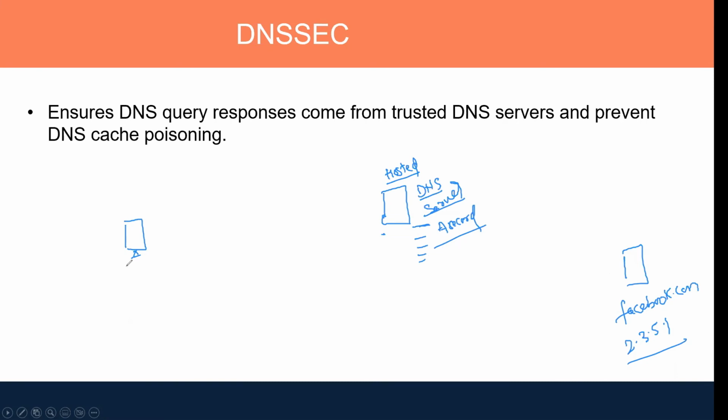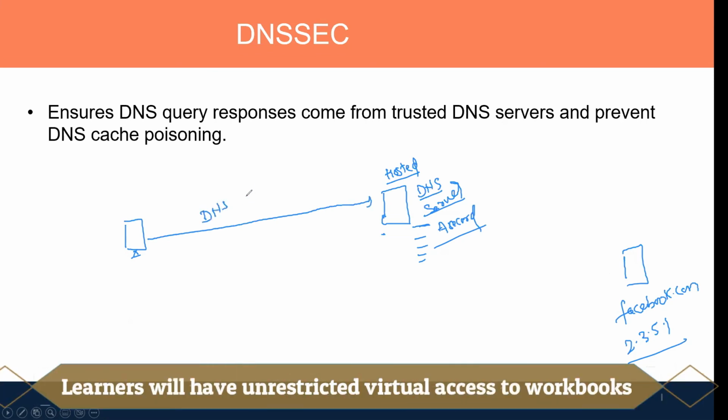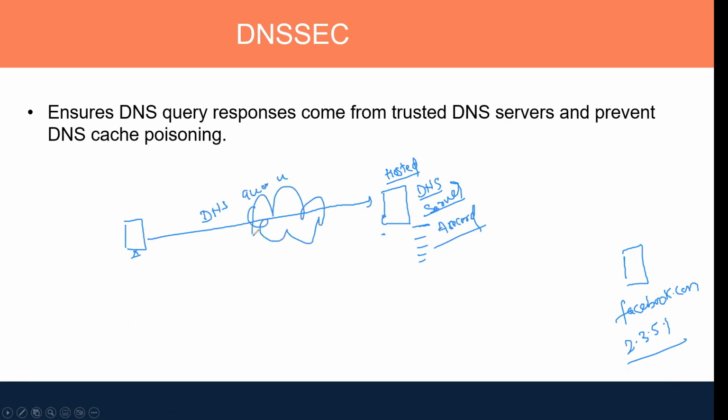Now this is going to make the query. It sends the DNS query, and this query is going over the internet. What if the reply is coming from this DNS server and in between someone modified the packet?